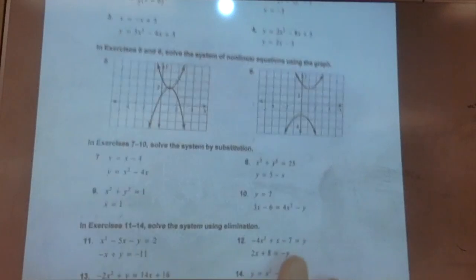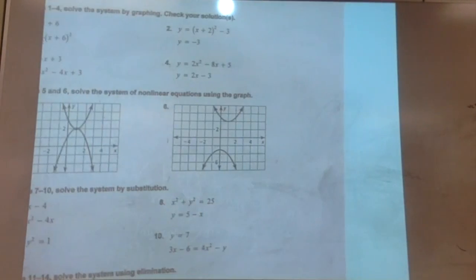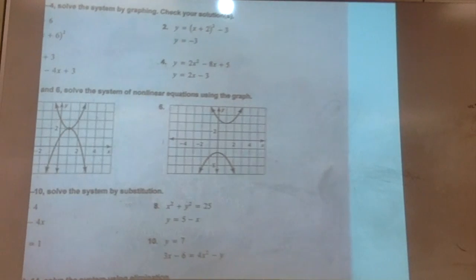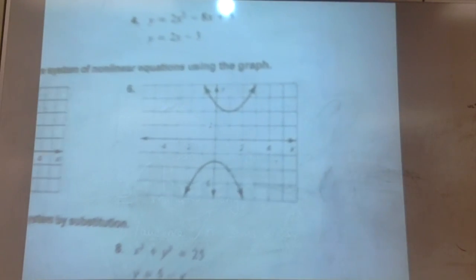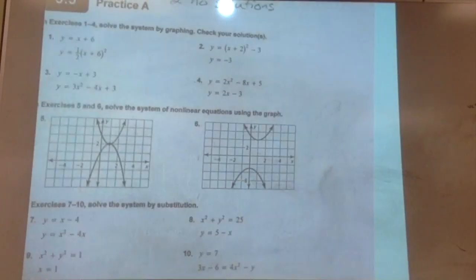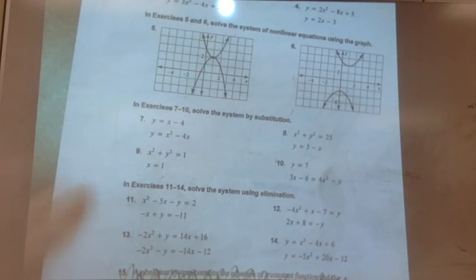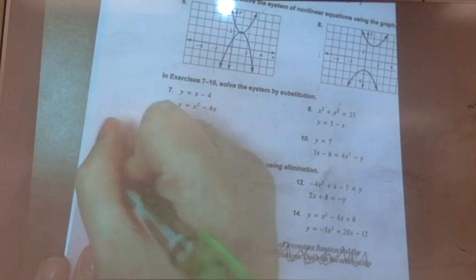One is going to be fairly obvious, I think, and not require you to do any actual math. You guys can take the hint on that. And then the other one is going to be in the bottom section under solving using elimination. So there will be one no solution in this section.